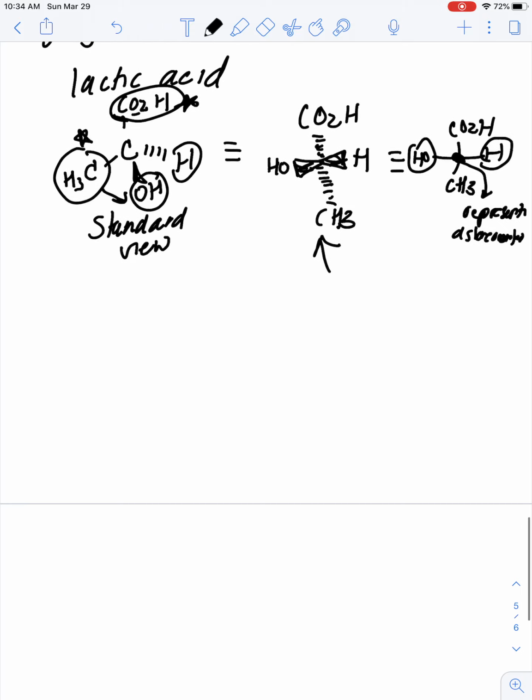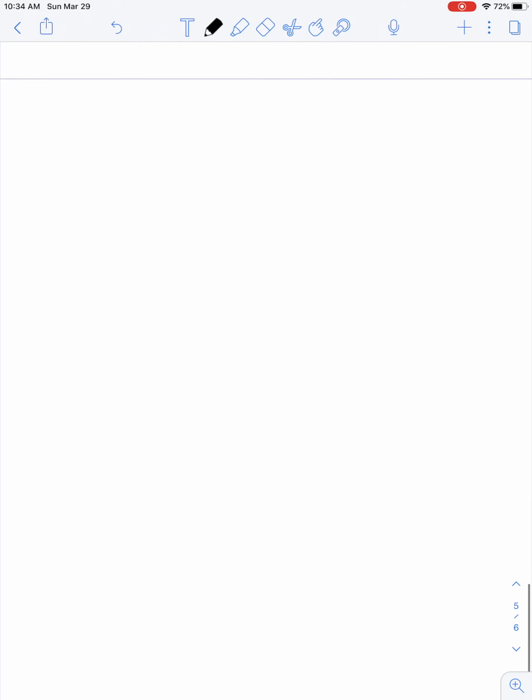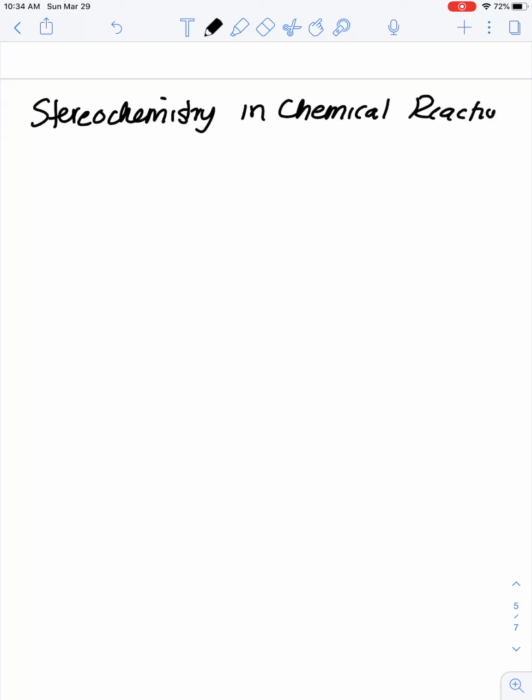So the last part that we're going to talk about is stereochemistry in chemical reactions. For this part, don't feel overwhelmed if you don't know the mechanisms behind the reaction. This is really just showing you that many of life's molecules are chiral, like proteins, hormones, drugs, etc. And a major goal of organic chemistry is to create molecules that are chiral.